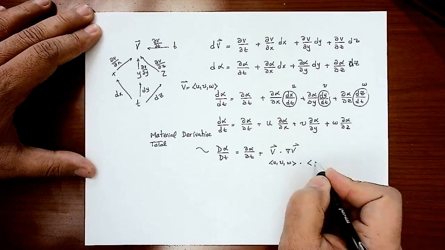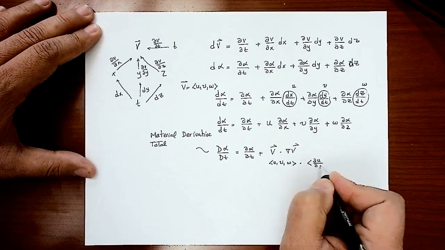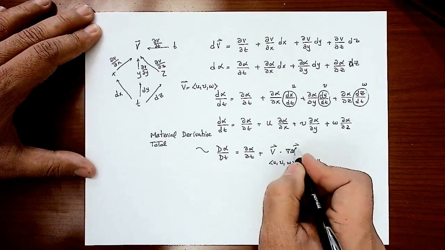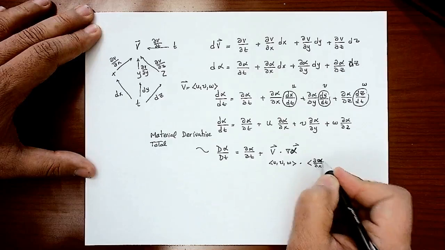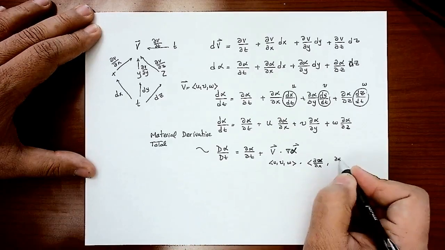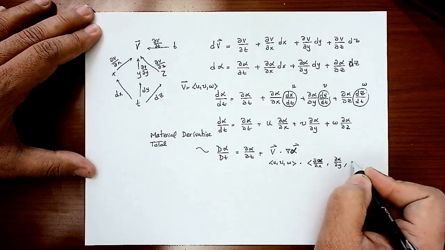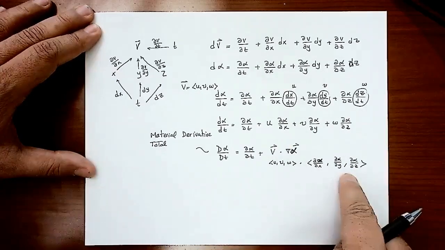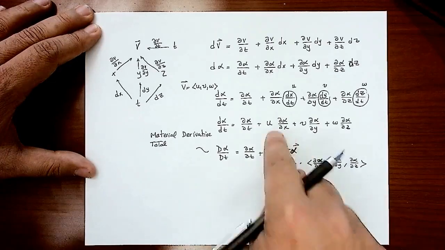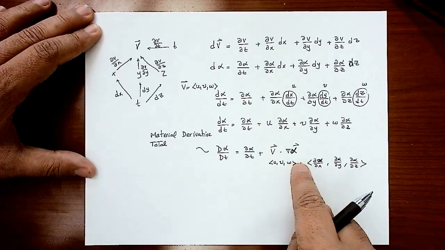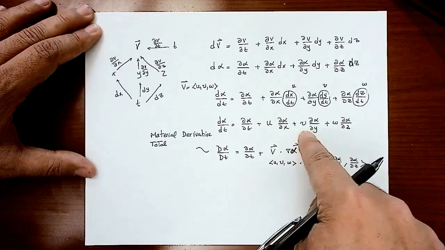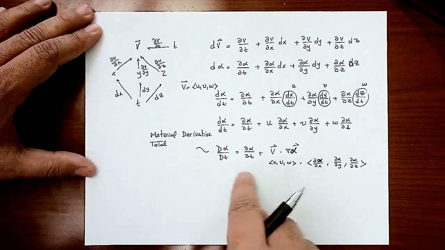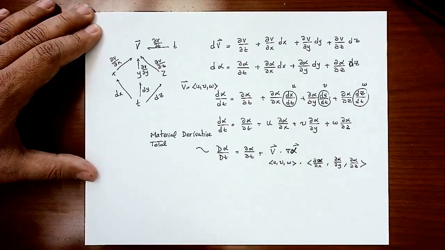Dot nabla alpha is partial alpha by partial x, partial alpha by partial y, partial alpha by partial z, right? So when you do the dot product, it's going to be u partial alpha by partial x, which is that first term, v partial alpha by partial y, that's the second term, and w partial alpha by partial z. So this is a short handwritten note of the equation of the total derivative.